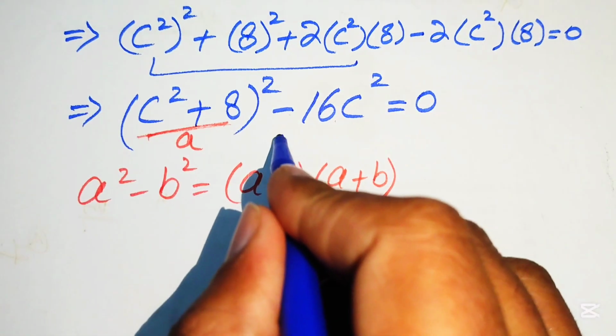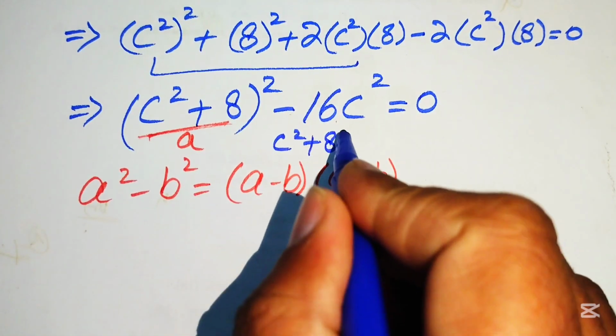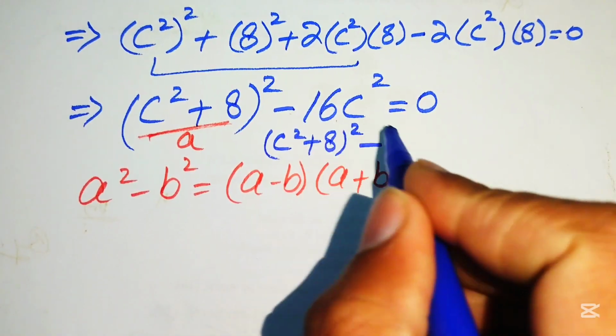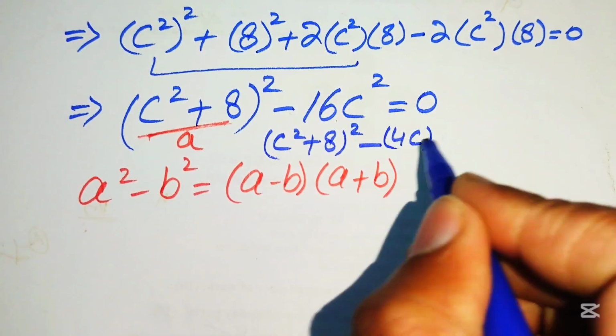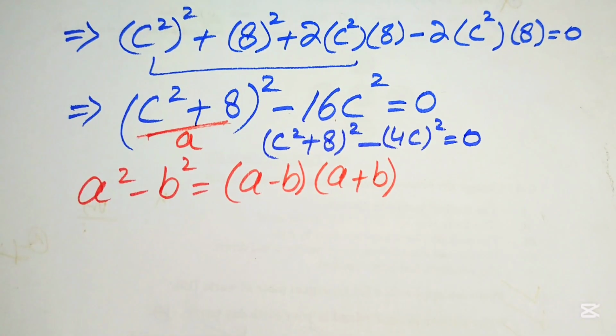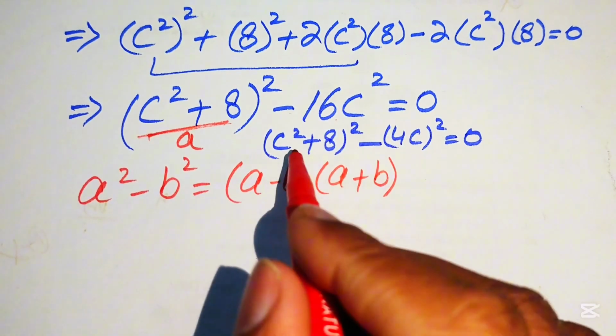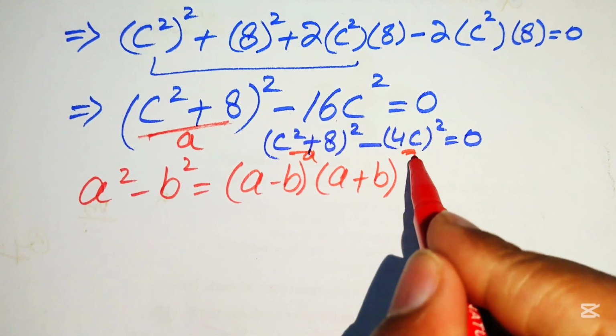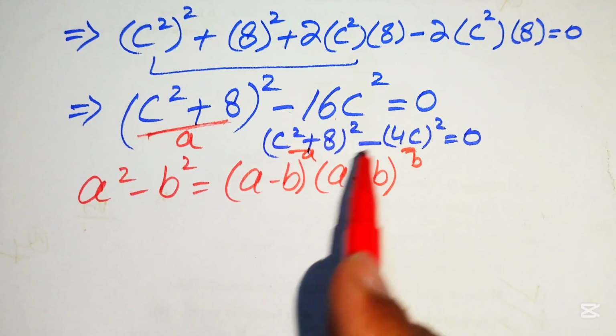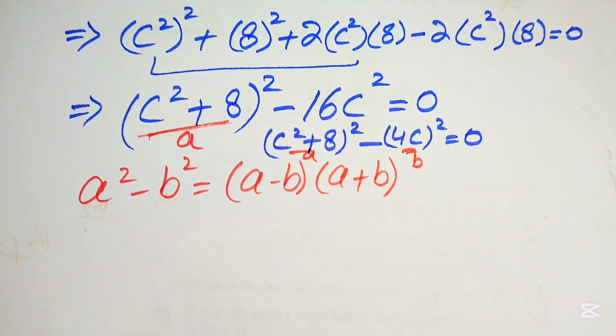We write it as c square plus 8 whole square minus 4 times c whole square equals 0. This is our a and 4c is our b. So we substitute these two values in the right hand side of this equation.